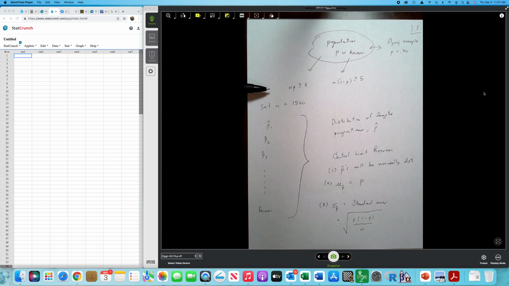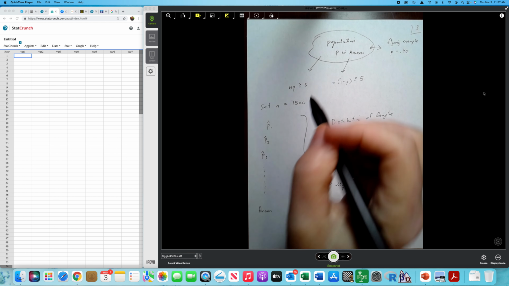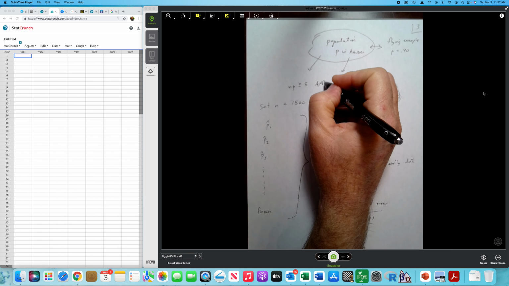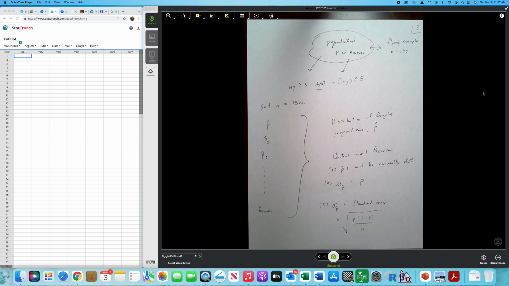The next thing we do is consider the sample size needed for a normal distribution. You remember that if the population is normally distributed, any sample size works, and if not normally distributed, 25 or 30 or larger. That doesn't apply here. What does apply is that we need to meet this criteria: n times p has to be greater than or equal to 5, and n times 1 minus p must be greater than or equal to 5.